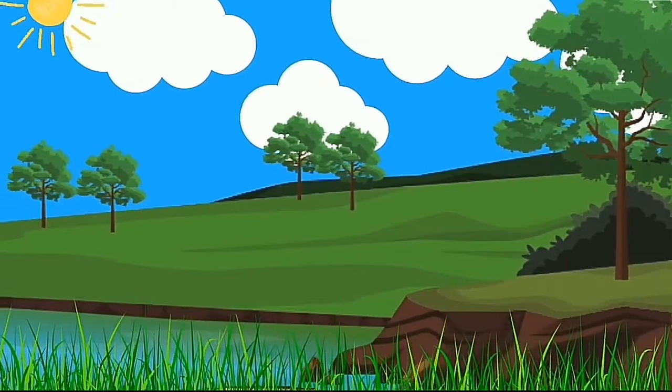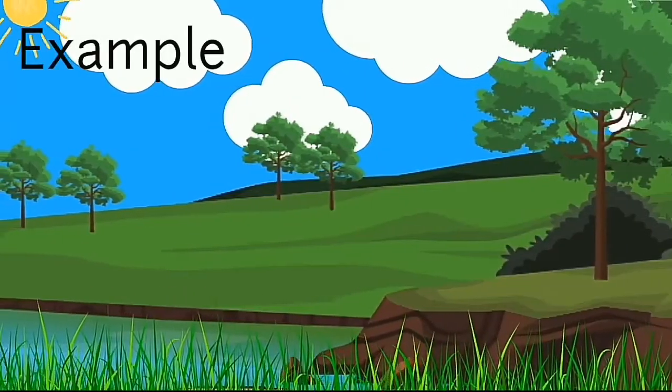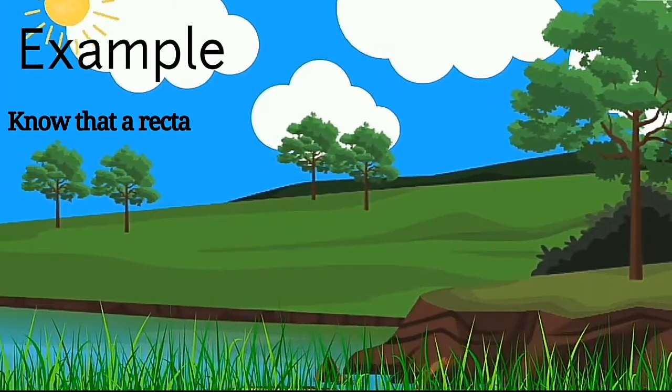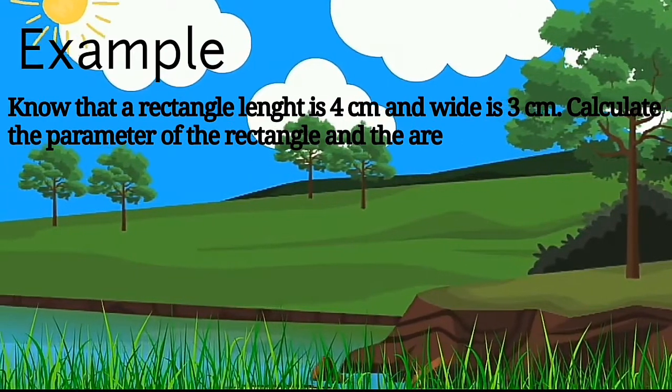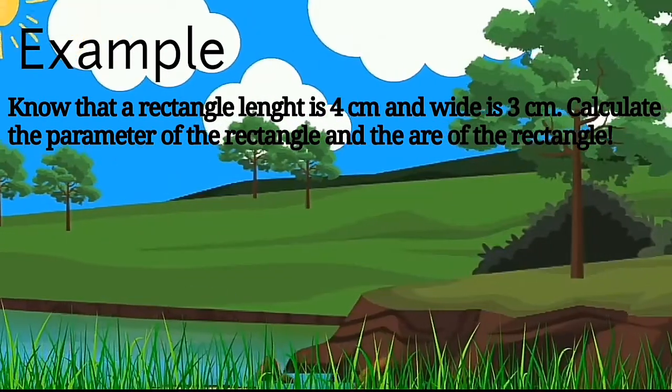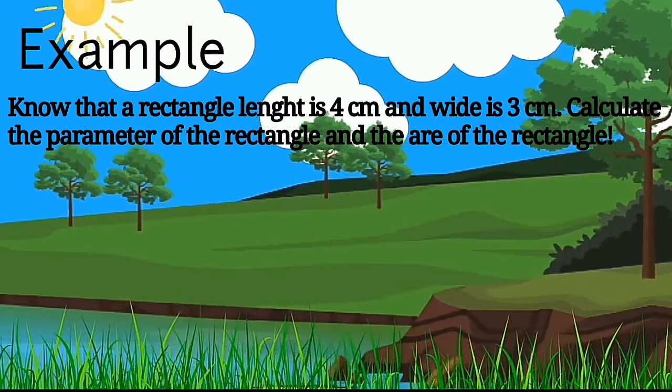Now, we enter the example of a rectangle problem. A rectangle has a length of 4 cm and a width of 3 cm. Calculate the area of the rectangle.